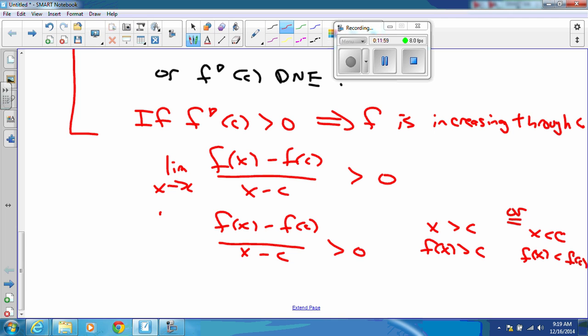So increasing through c, what does that mean? Well, that means that f of c is not a local max, because if I go to the right, I can find higher points. And it's not a local min, because if I go to the left, I can find lower points. And so if f prime of c is greater than 0, then that means that f of c is not a local max or min.